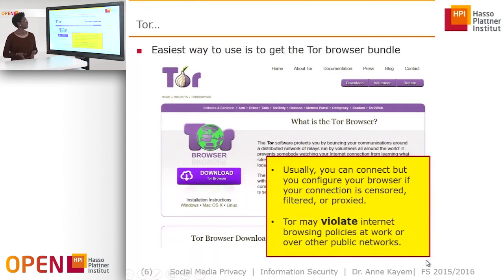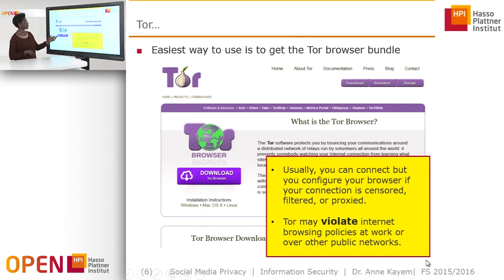Okay. If you're going to want to use Tor, the easiest way to do this is to get the Tor browser bundle. So pretty much Googling or looking on any search engine should allow you to find a link to the Tor project.